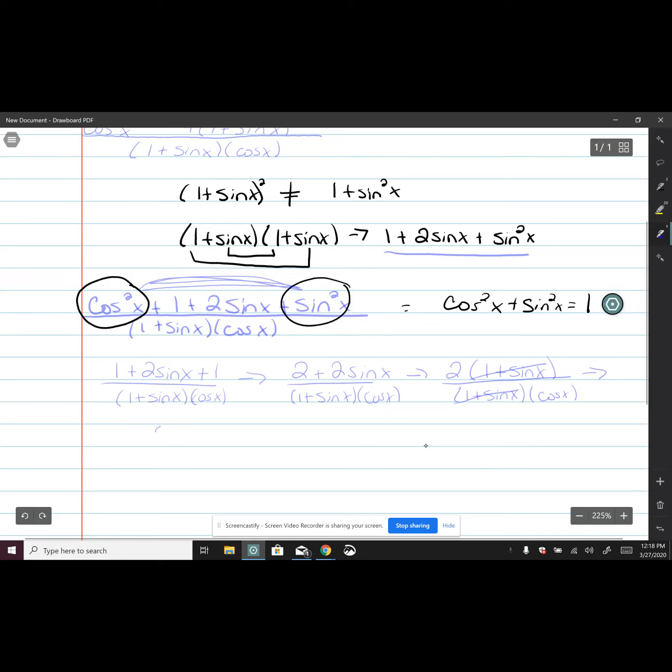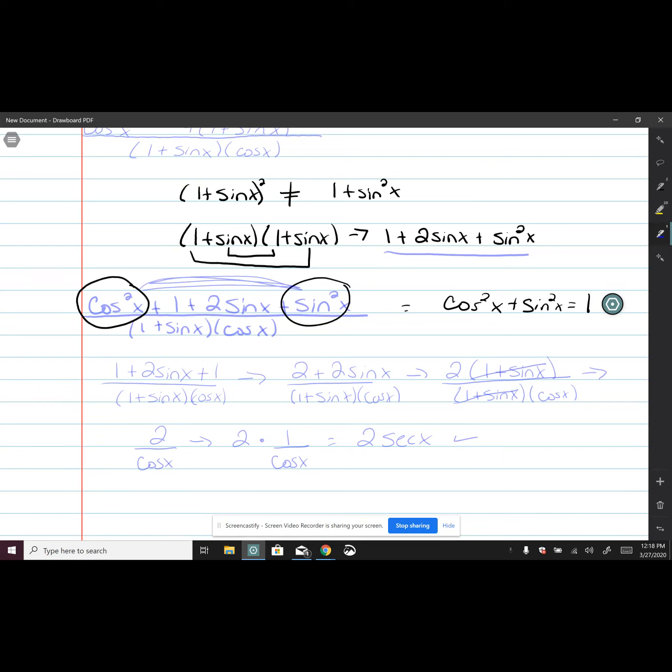Cancel. I wind up with 2 over cosine of x, which means I have 2 times 1 over cosine of x. Well, what is 1 over cosine of x? It's secant, so I wind up with 2 secant of x. Okay?